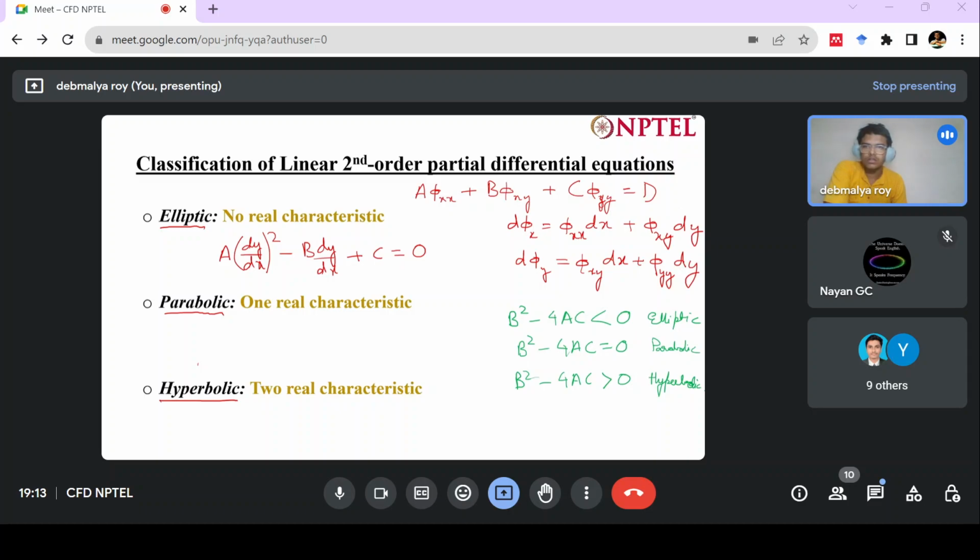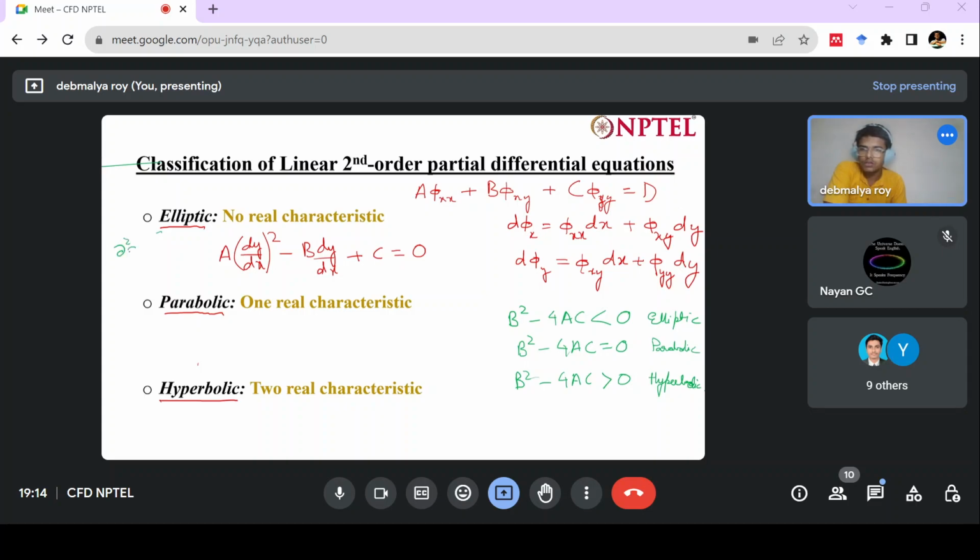Okay, so proceeding. As I said, there are different properties of these elliptic, parabolic, and hyperbolic equations, and we discussed this a little bit in the last class. One example of an elliptic equation is the Laplace equation.